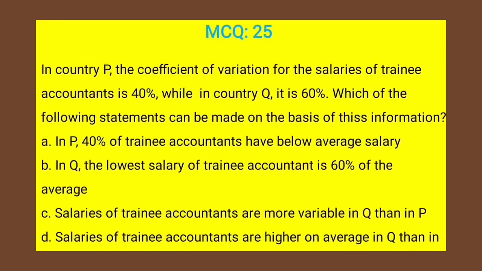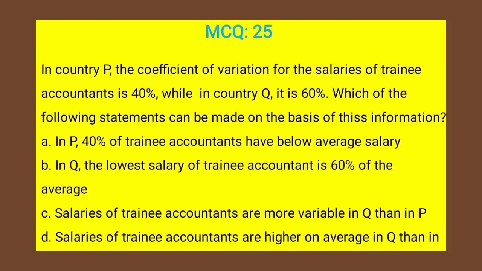Then 25. In a country P, the coefficient of variation for salaries of trainee accountants is 40%, whilst in country Q it is 60%. Which of the following statements can be made on the basis of this information? A. In P, 40% of trainee accountants have below average salary.